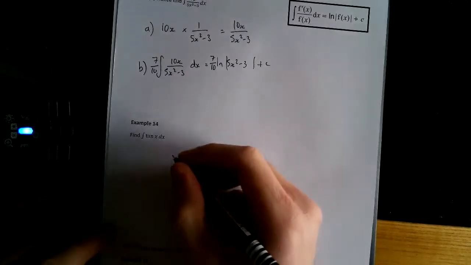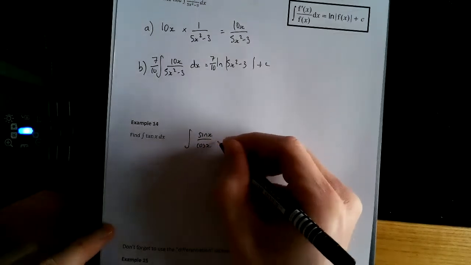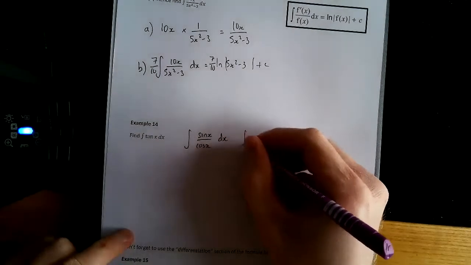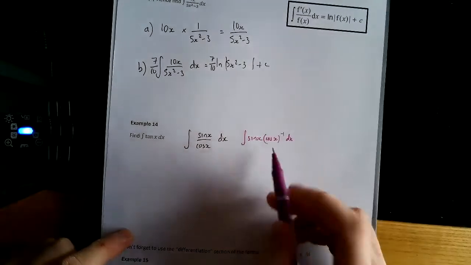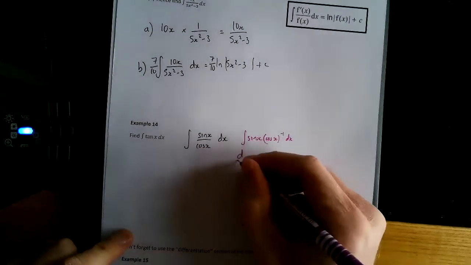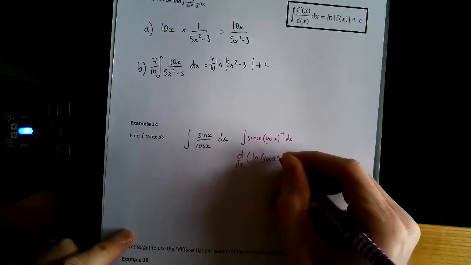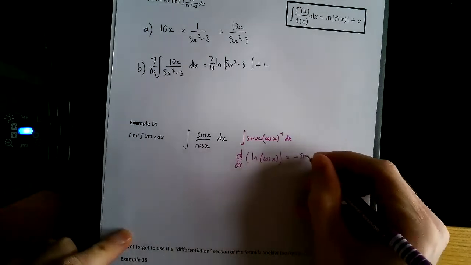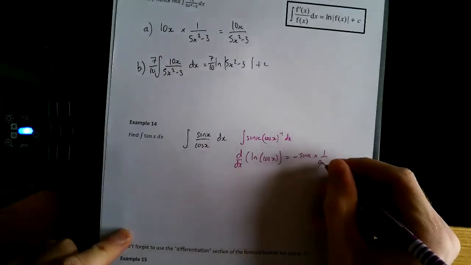Tan x, well, to integrate it, first of all, I want to write it as sine x over cos x. Okay, and again, it looks a bit like a fraction, so it looks a bit like sine x times cos x to the minus 1. That suggests using logs. So if I try differentiating ln of cos x, well, cos differentiates to minus sine x, times 1 over cos x.